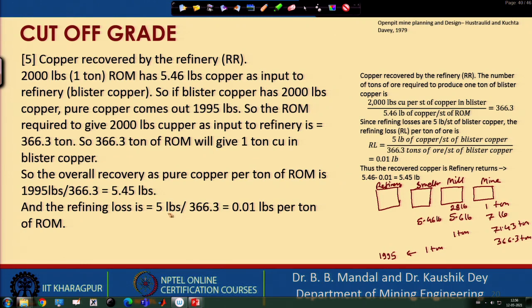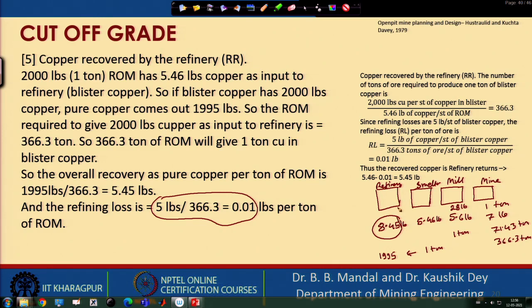So, there is a smelting loss of this much per ton of ROM, and by reducing this one we will get 8.45 pound of copper as the final product.